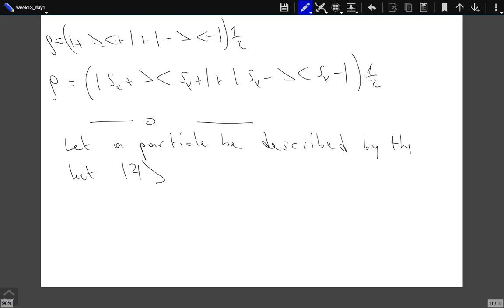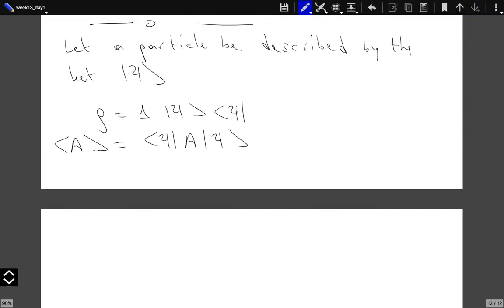Okay, I know that I cannot describe every system by a ket, but let's say we take a system which is described by a ket. Well, with 100% probability, my particle is in this state, right? So my density matrix is just |psi><psi|. Does it work with expectation values? This is how we had defined the expectation value before.